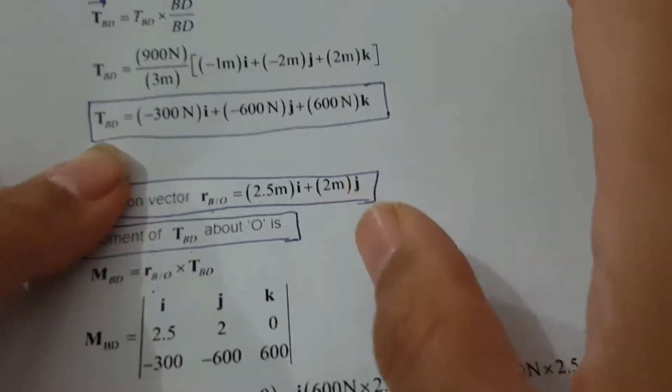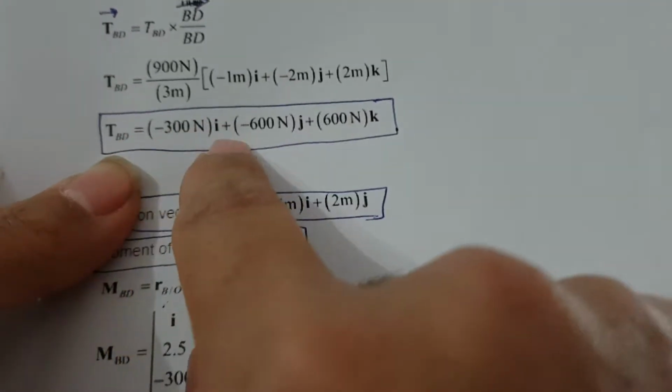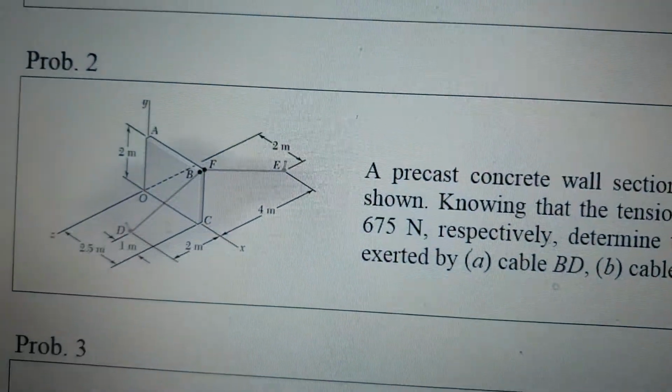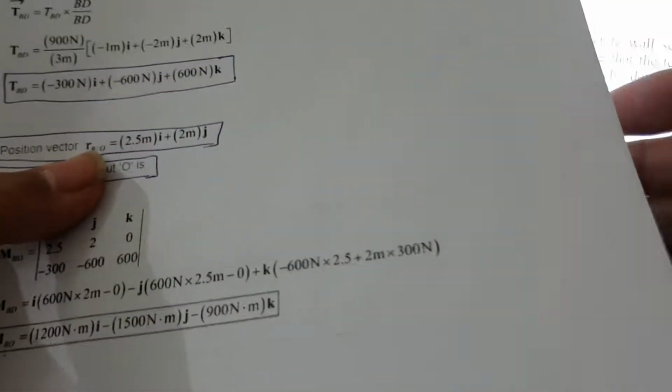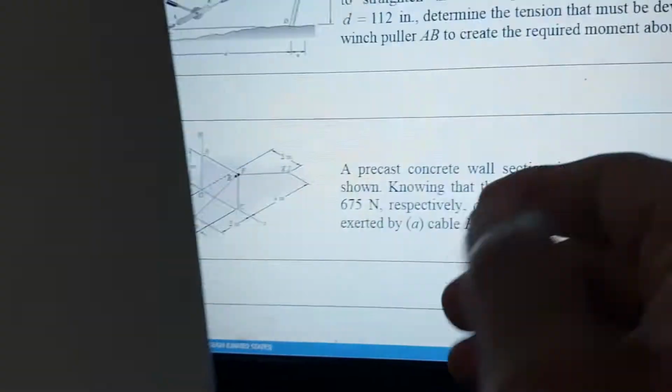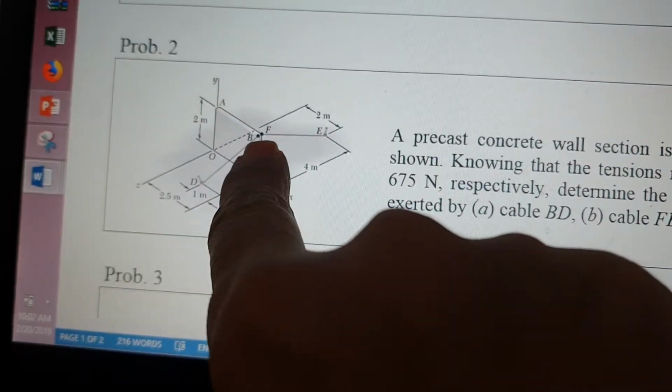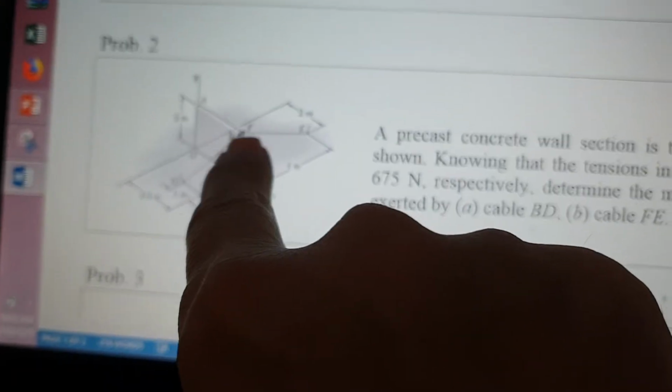Now we need to find the moment. This is the tension. Now we need to find the moment of this tension around point O. Now, what is the distance? Let's take one of these points. Let's take point B. You could take point D if you want to. What is the distance between B and O?